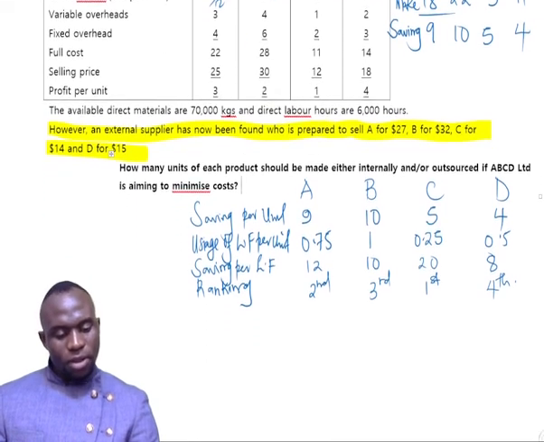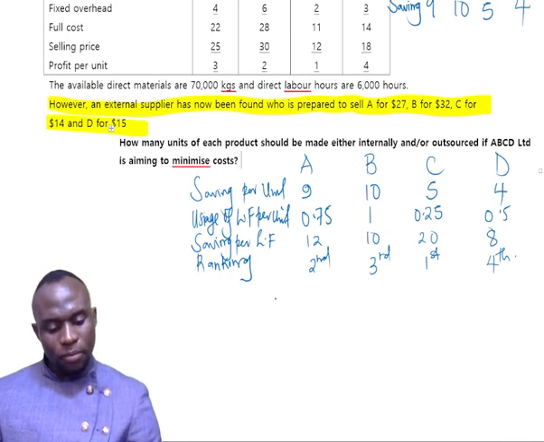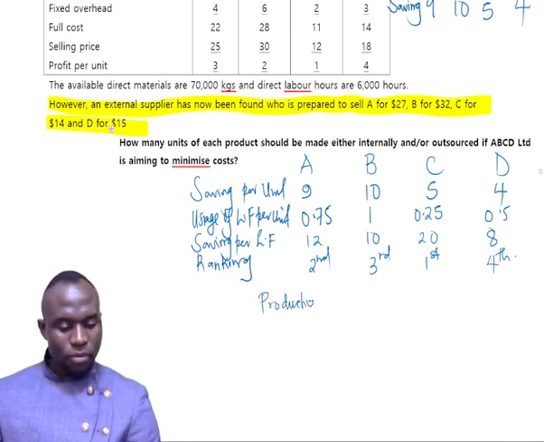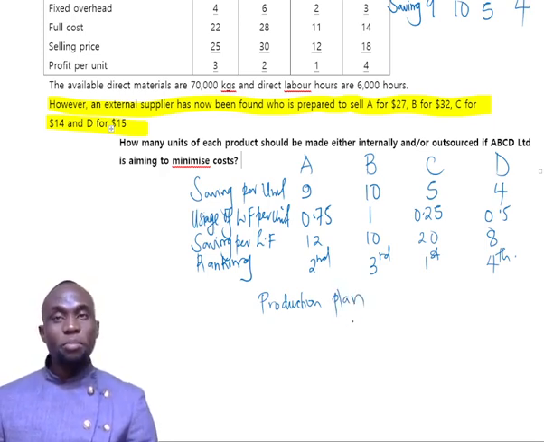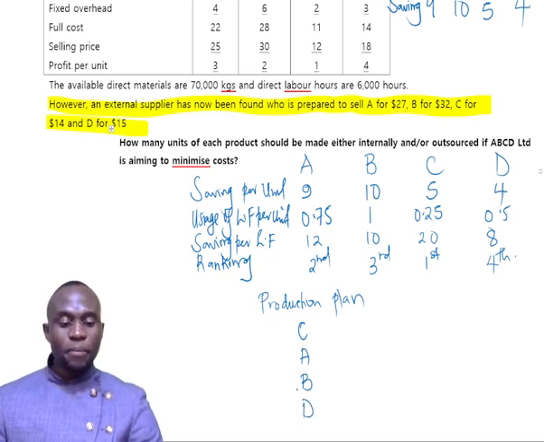So after having our ranking, then we can make the production plan. So production plan, we start by producing product C, product A, product B, and finally product D.